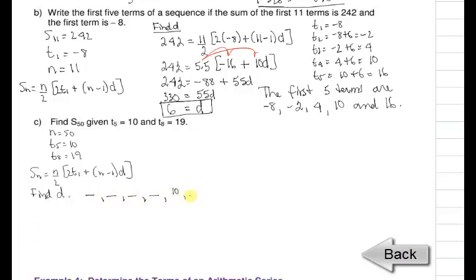And we don't know what t6 is. We don't know what t7 is, but we do know that t8 is 19. Okay, and then dot, dot, dot. Okay, so what we have then, this is t1, t2, t3, t4, t5, t6, t7, and t8. All right, well, we want to find d. We're probably going to have to use our general term.